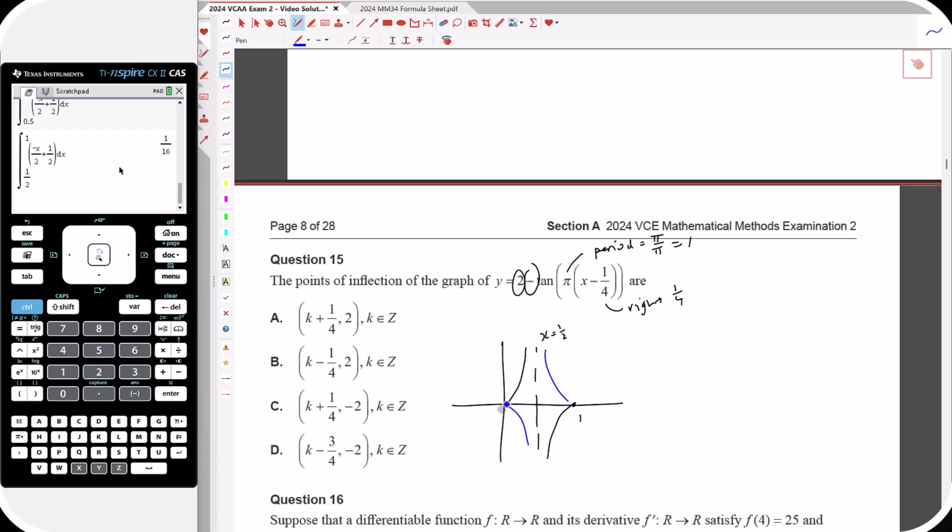So this point is going to go right by a quarter and up by 2, so it's going to be here. The asymptote is going to go right by a quarter, so it's over here at 3/4. So we're going to have x equals 3/4 as an asymptote, and the point of inflection is going to be there at (1/4, 2).